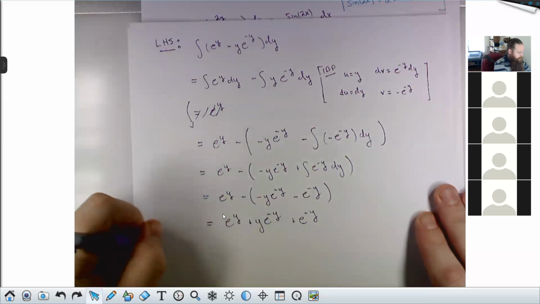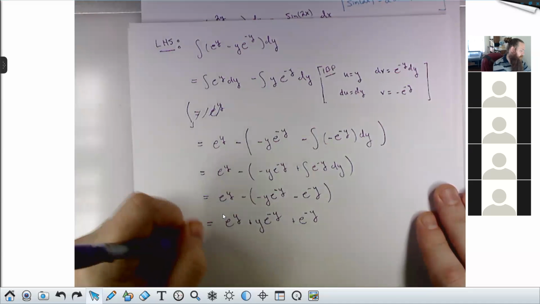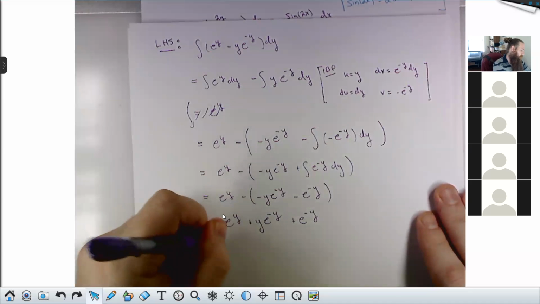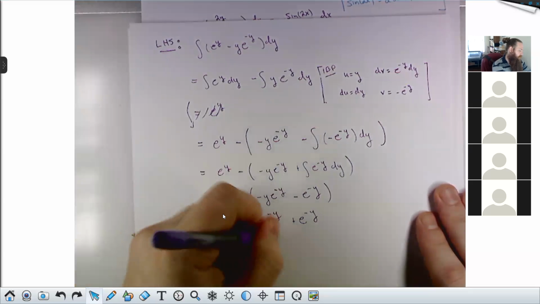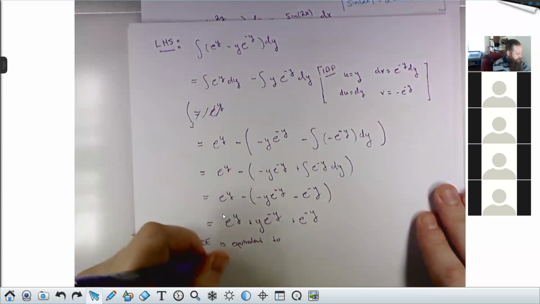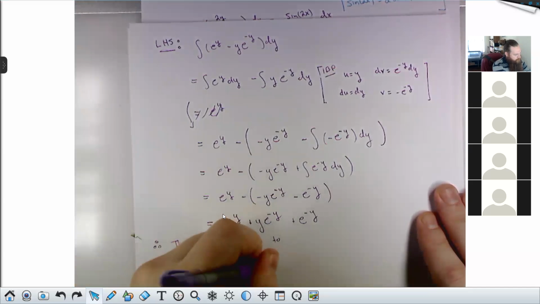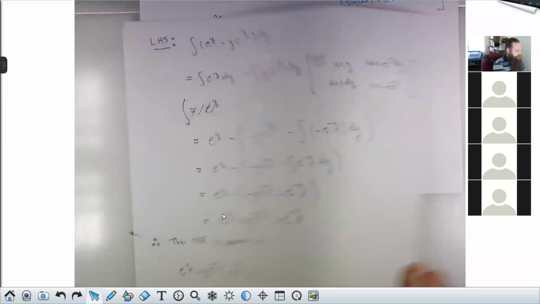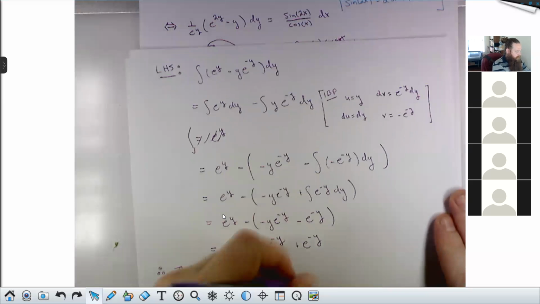So I'll say, therefore, the ODE is equivalent to e to the y plus y e to the negative y plus e to the negative y equals negative 2 cos x plus c.